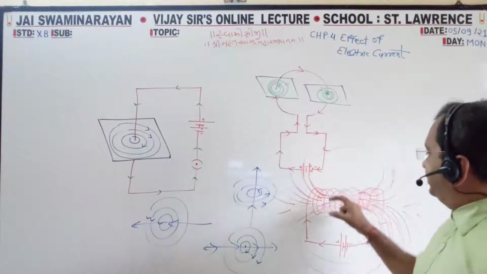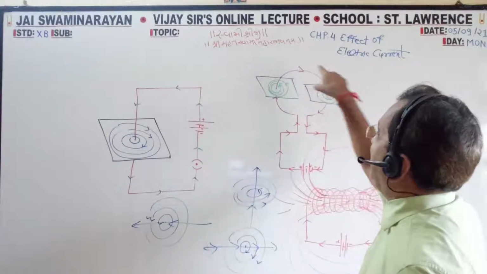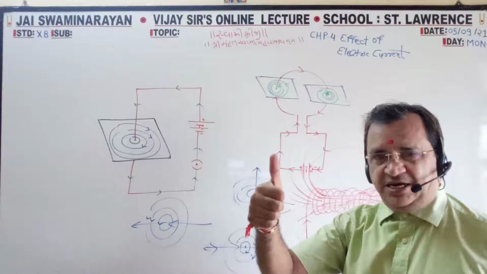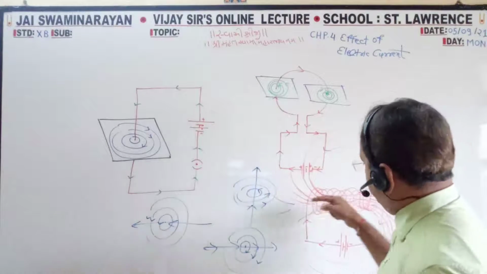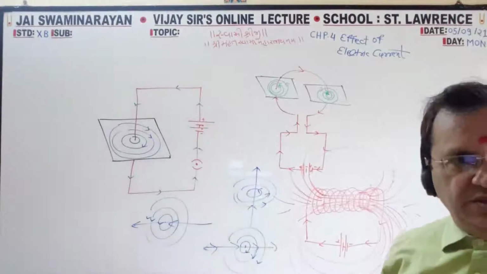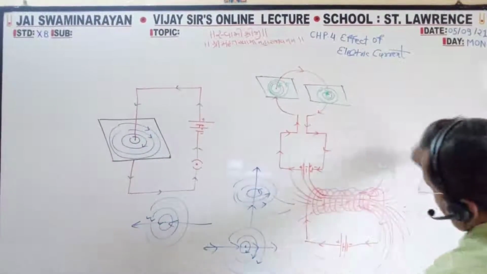Now this is a single loop. Single wire, with that wire a single loop, now multiple loops. In each and every loop, the same right hand rule applies. So this is not opposite, like that it is opposite.